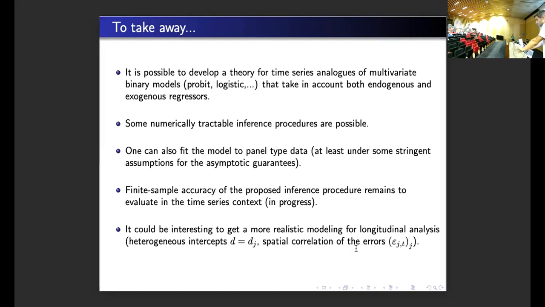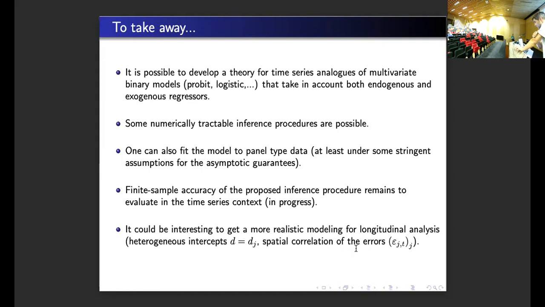It is possible at least to find some numerically tractable inference method. At least theoretically it works. I have to check numerically if it is quite efficient in terms of estimation accuracy. And then it's necessary to study the finite sample properties of this kind of method. I did not do this for the moment.